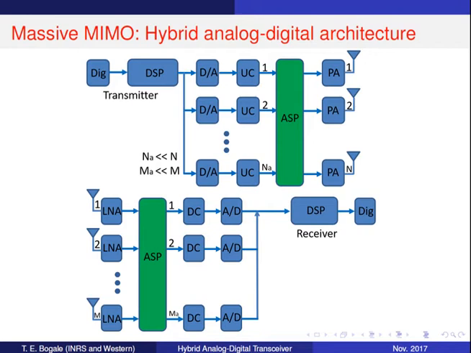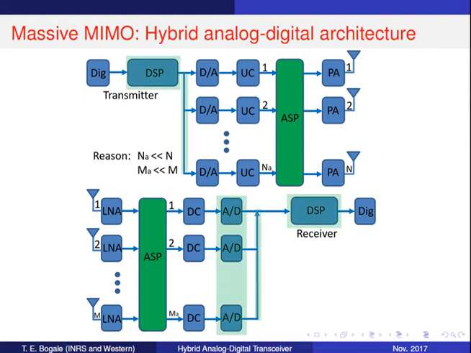By introducing these analog signal processing components at the transmitter and receiver sides, the hope is to reduce the cost and power consumptions of the transceiver unit with acceptable performance loss or without any loss whenever it is possible.